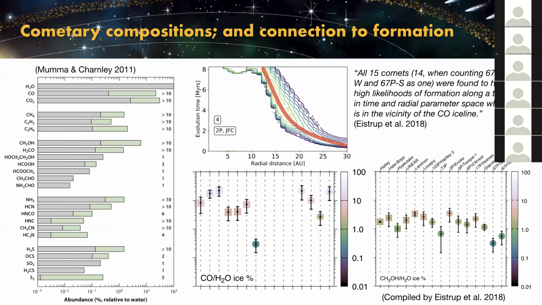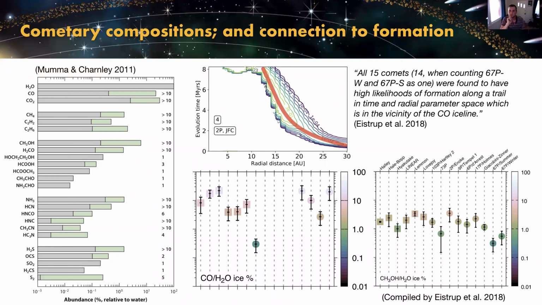And in a very cool paper recently, Christian Eistrup tried to compare constraints from 15 comets to his local static astrochemistry code, where he evolves a solar nebula forward in time to pinpoint where and when each individual comet formed. And what he found is that basically everything was consistent as long as the comets were forming in a region close to the CO ice line, which in his model starts around 30 AU and then slowly moves inwards.